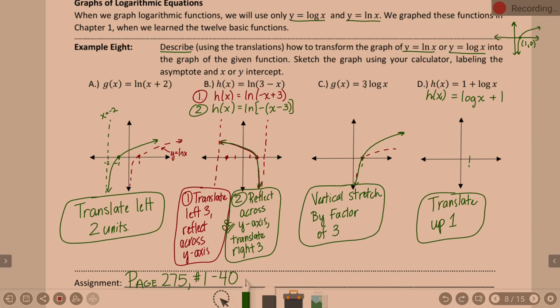Okay, what's that going to do? It's just going to put your point at 1, 1 instead of 0, 1. Normally we go through 1, 0. Now we're going through 1, 1. Something like that.